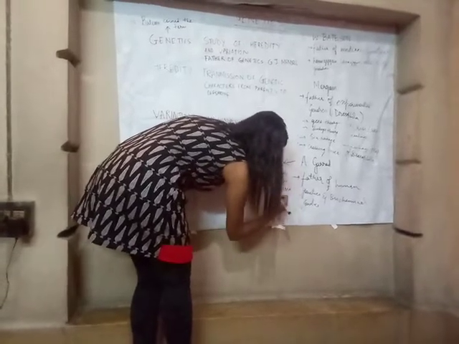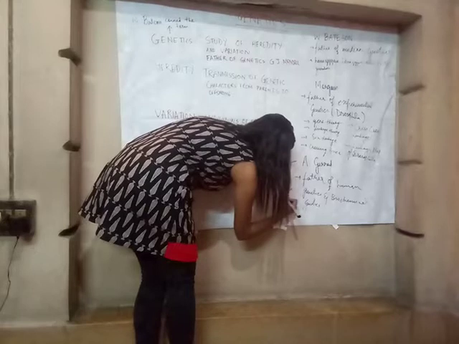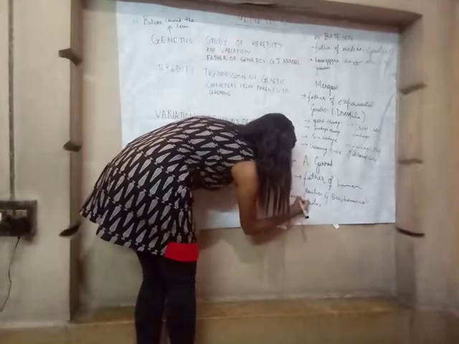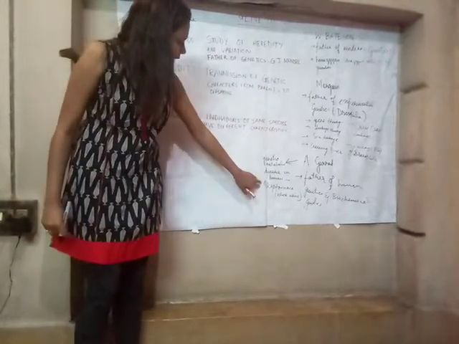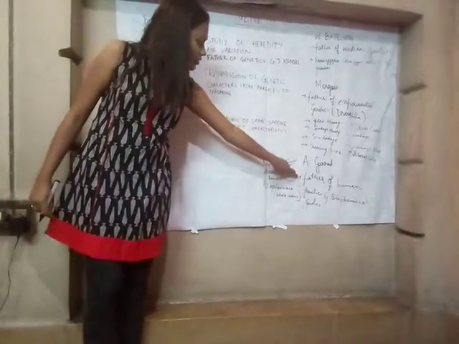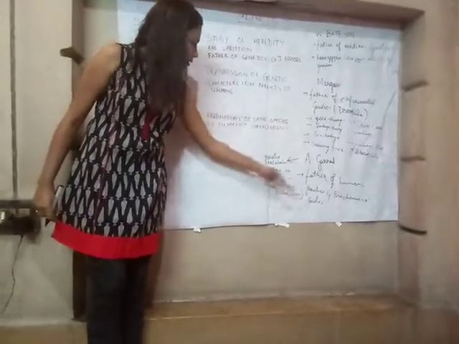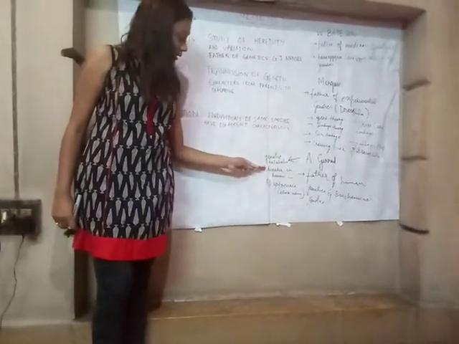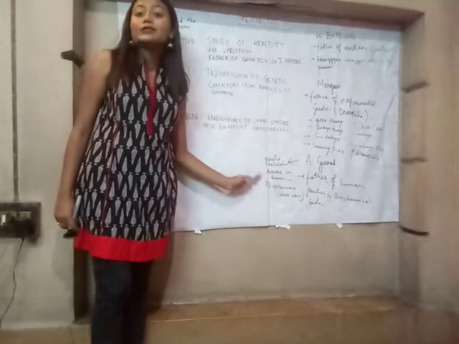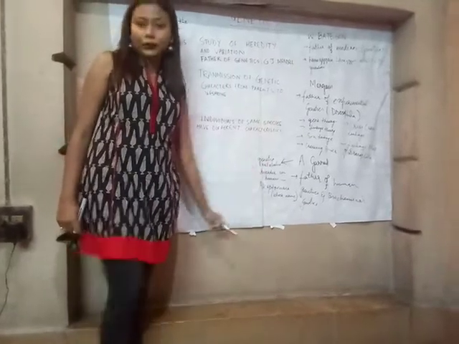What is Alcaptonuria? Alcaptonuria is also known as black urine. So what did A. Garrod do? A. Garrod was the father of human genetics and biochemical genetics. He was the first one to discover a genetic metabolic disorder in humans known as Alcaptonuria or black urine.